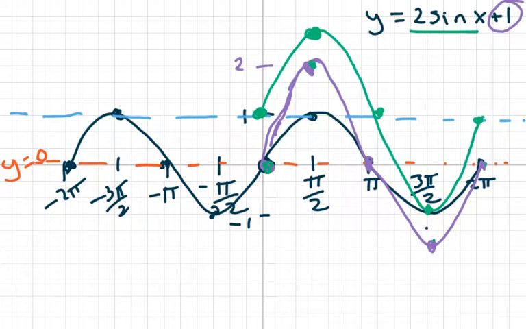Okay, it has a stretch. Our new center line is at y equals 1. Okay? So there it is. We did both steps. We first multiplied everything by 2, and then we shifted it up by 1.